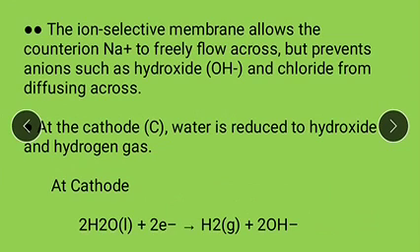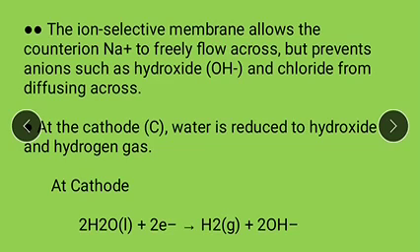The ion selective membrane allows the counter ion Na+ to flow freely across but prevents anions such as hydroxide and chloride from diffusing across.